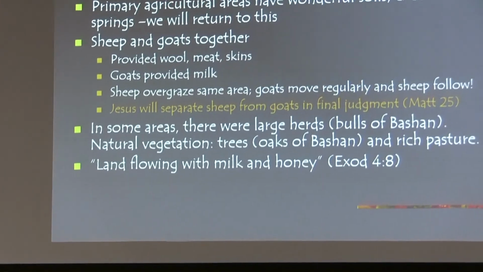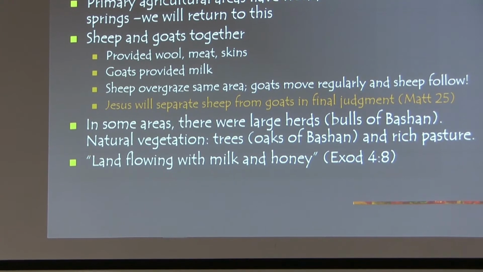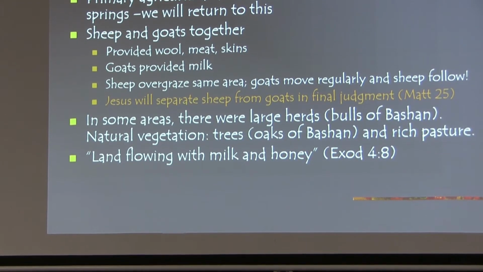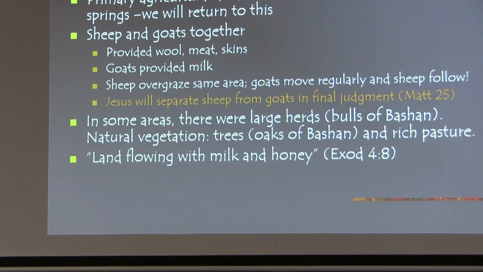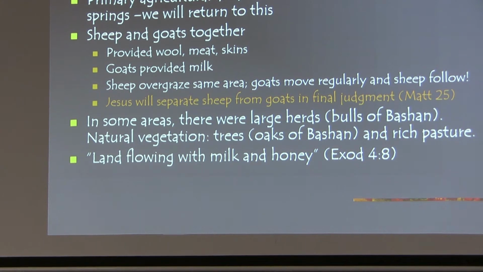Right from the get-go, when the Lord is talking to Moses at Mount Horeb, he says, this is going to be a land flowing with milk and honey. And you see that phrase coming back over and over again. The milk is no doubt goat's milk, all those wonderful flocks. The honey could be one of two things. It seems that before these people, God's people, came into the land and got their tribal inheritances, most of the large cities were in areas that were closer to the coastal plain.